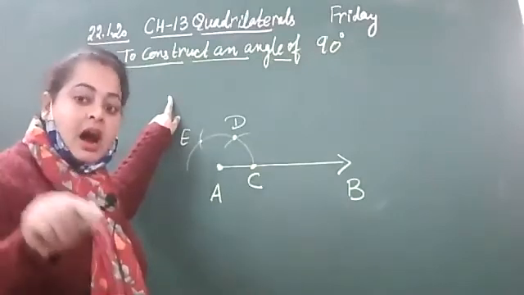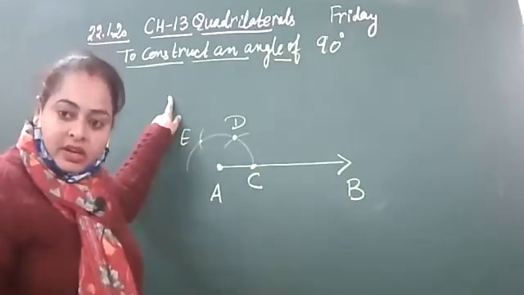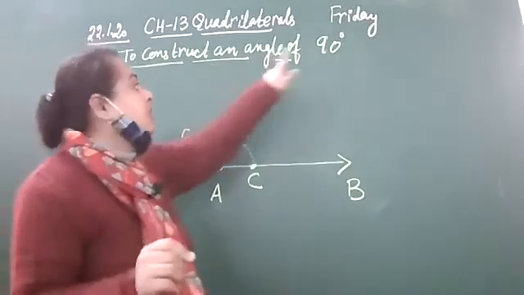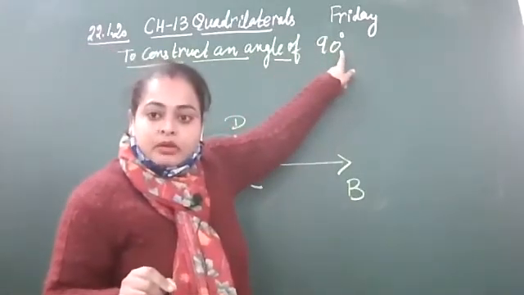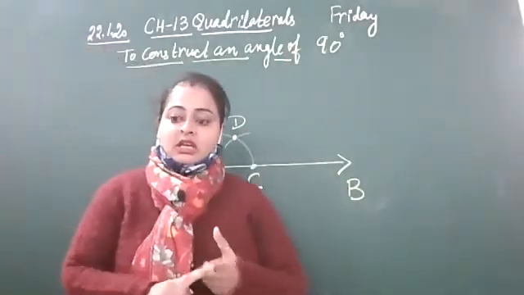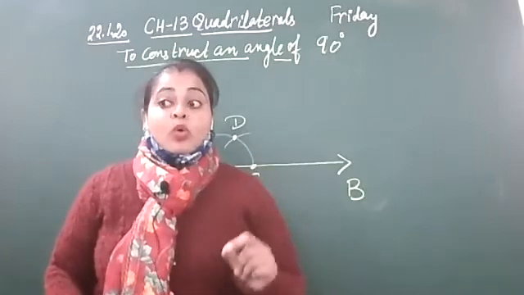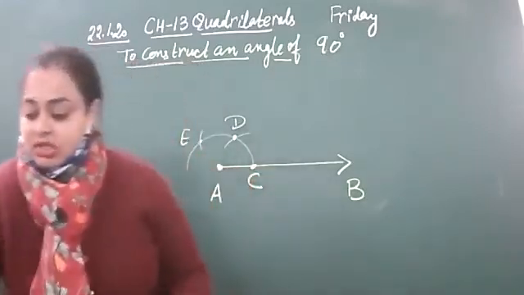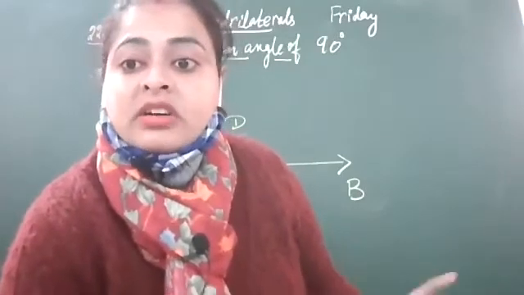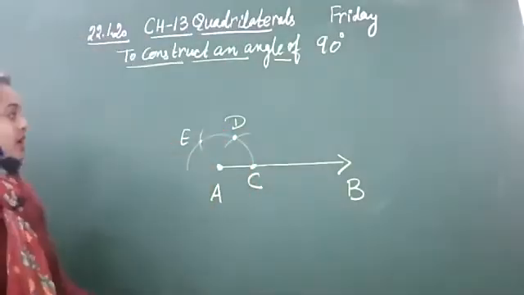But again, our requirement is not a 120-degree angle. Our requirement is a 90-degree angle. So to construct an angle of 90 degrees, the next step is very, very important. Now, students, stop writing. Put your whole concentration on understanding the concept.